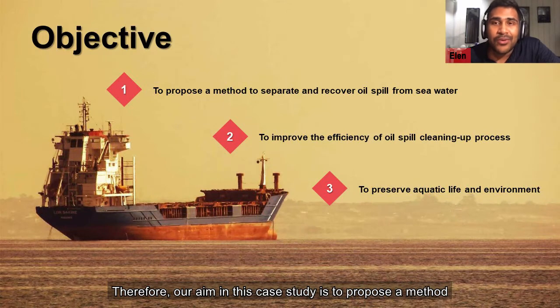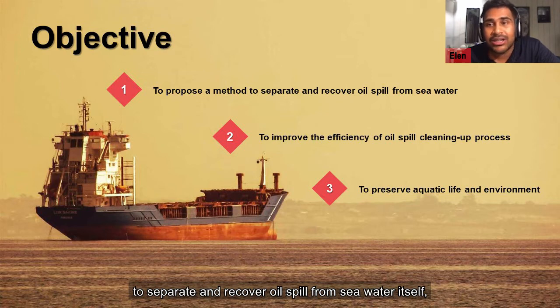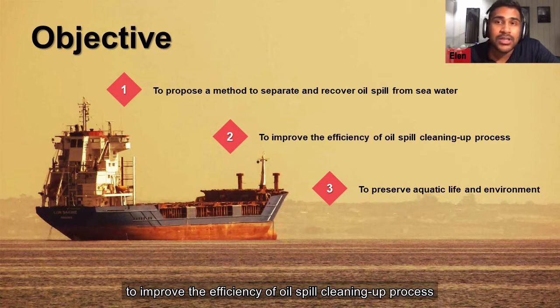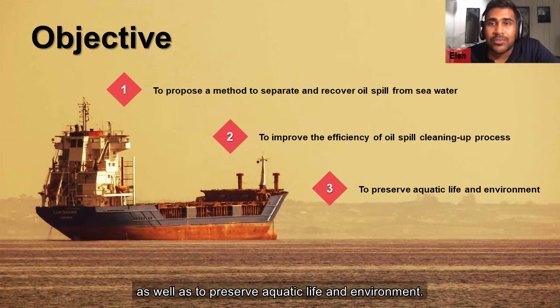Therefore, our aim in this case study is to propose a method to separate and recover oil spill from seawater itself, which will also enable us to improve the efficiency of oil spill cleaning up processes, as well as to preserve the aquatic life and also the environment.